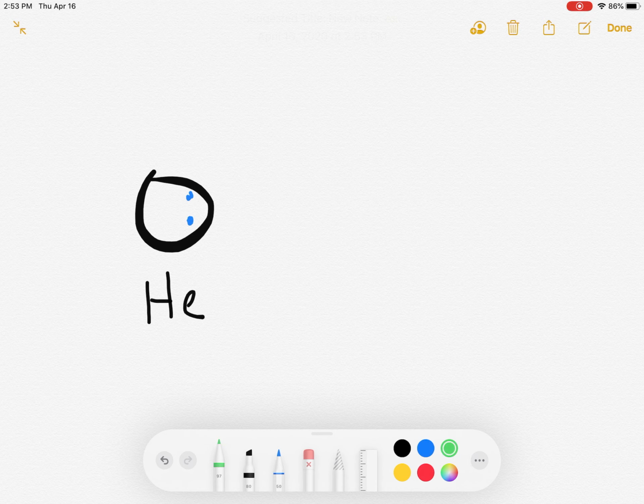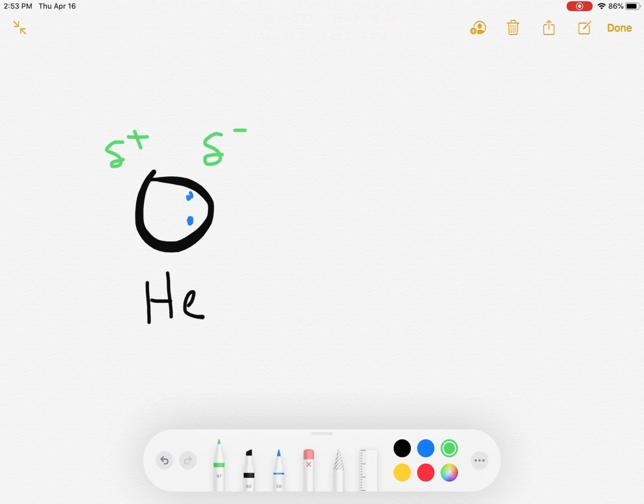So when this happens, we get a partially negative side, the side with the electrons, and the other side is partially positive. So it's still a neutral atom, but because the electrons happen to be on the same side of the atom, it causes that side to be partially negative. Okay, so when we have helium, we don't just have one atom, we have several atoms together.